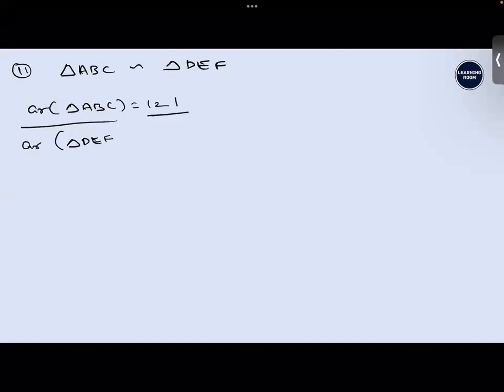If I take triangle ABC similar to triangle DEF, area of triangle ABC is 121, divided by area of triangle DEF, which is 64. This should be equal to the squares of their medians, so AP square divided by DQ square. What is AP? 12.1 square divided by DQ square.